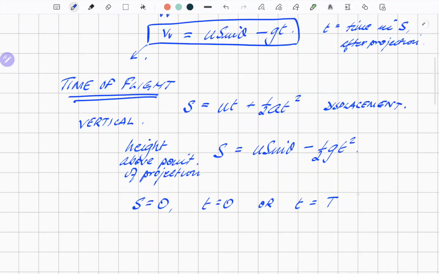This is the time of flight, in other words, how long the projectile was in the air. So if you have all the values, you can solve for t.